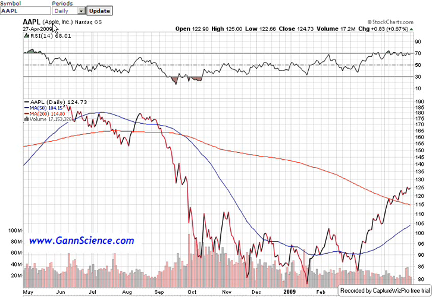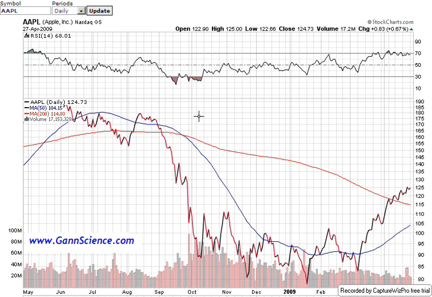Next, what we're going to do is, if you remember when I mentioned that Apple topped in 2008 at $202, the Gann student and those following the methods of WD Gann and Livermore would have made a good deal of money because they would have sold their shares at pretty much the high.